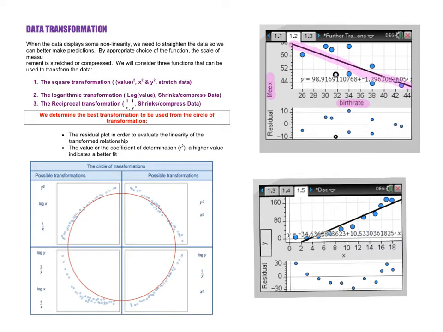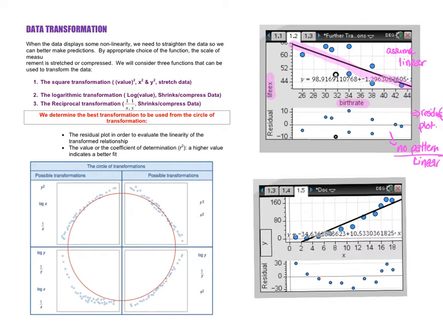When we do the least squares regression line, we're assuming that it's linear, and remember we did a residual plot down here to test our assumption. When the residual plot has no pattern like this, we're going to say that it is linear.